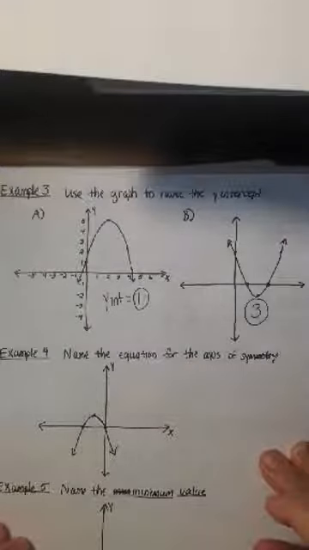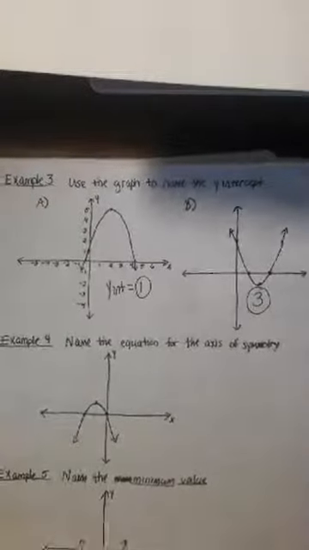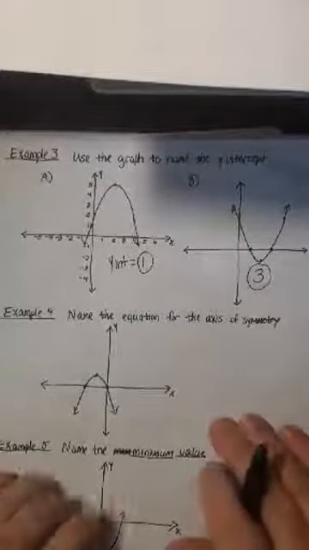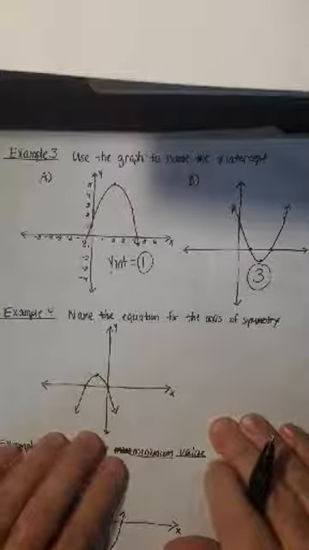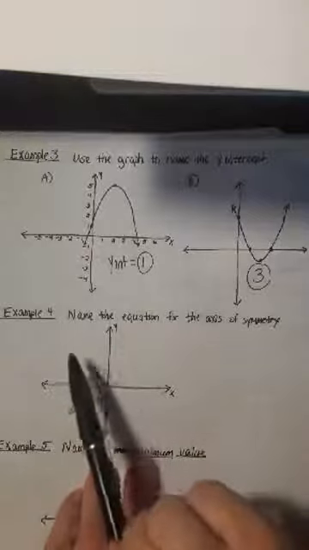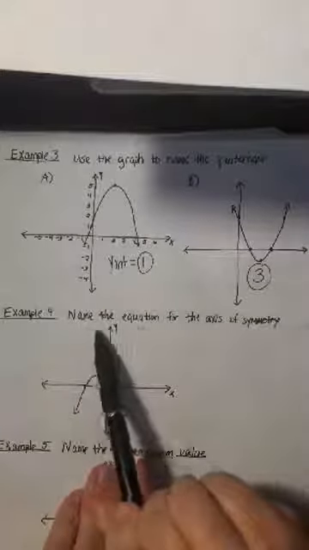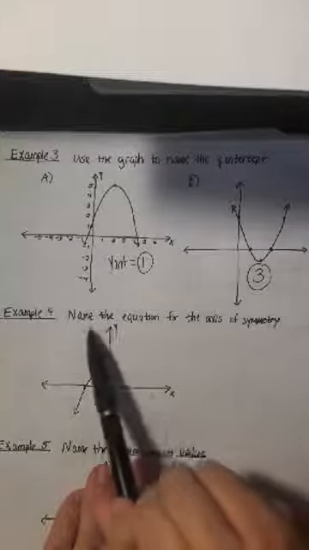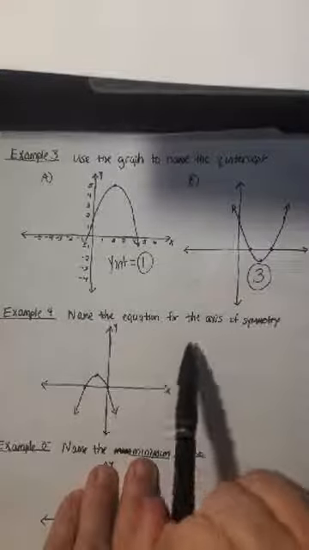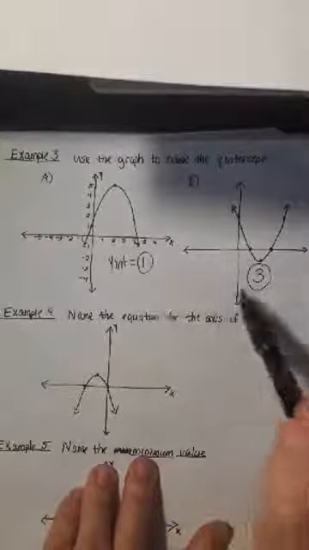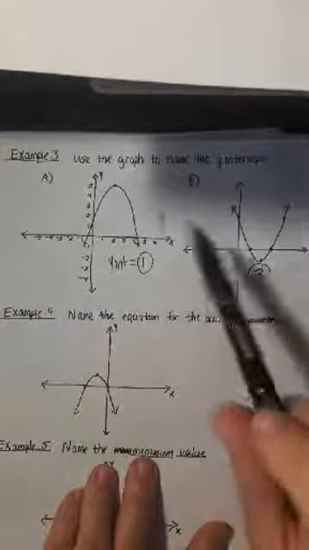All right, example 4. Name the equation for the axis of symmetry. So we're going back to that one because that usually gives students the most trouble. I just wanted to make sure y'all could do that one again. And it's going to mix these up, so you've got to make sure you read your directions on IXL.